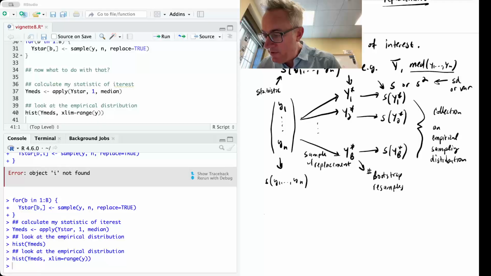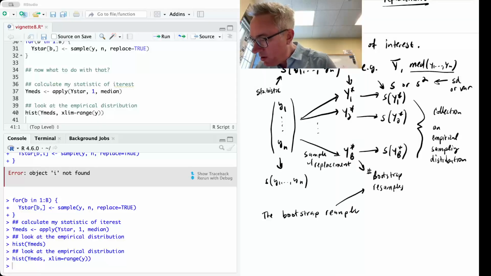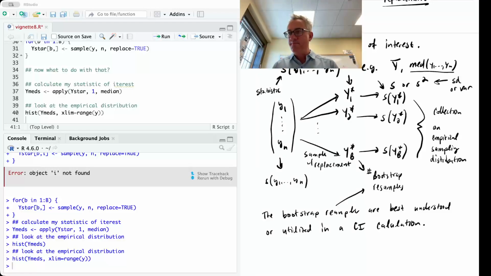The Bootstrap resamples, right, that's these guys here, are best understood or utilized in a confidence interval calculation. Okay, so that's what I'm going to talk about first.